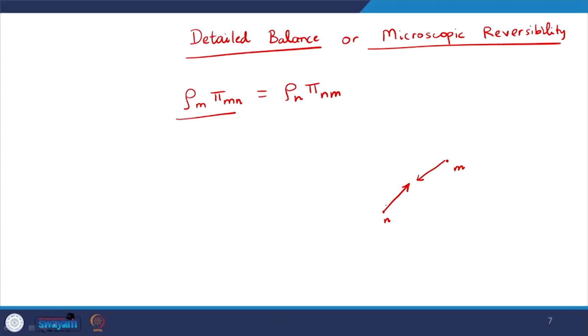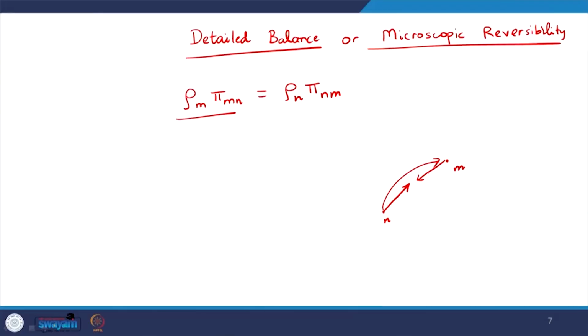So, the number of ways, so to speak, in which I am going from state n to state m is compensated by the number of ways I am coming from m to n, right. And what has to be kept in mind is that I am representing the number of ways by the probability density multiplied with the transition probabilities, right.